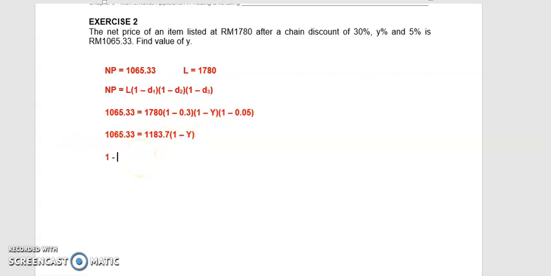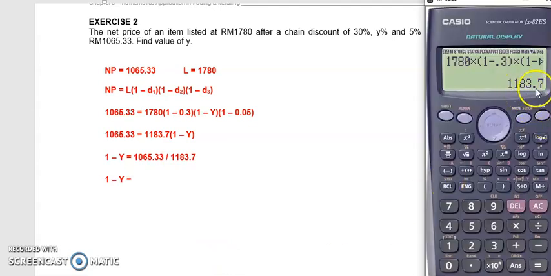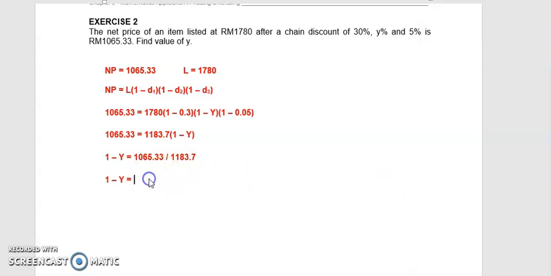So 1 minus y equal to 1065.33 divided by 1183.7. You get 0.9.